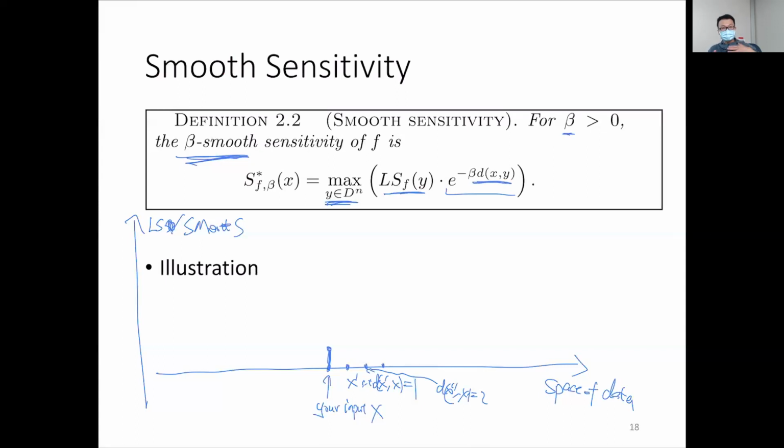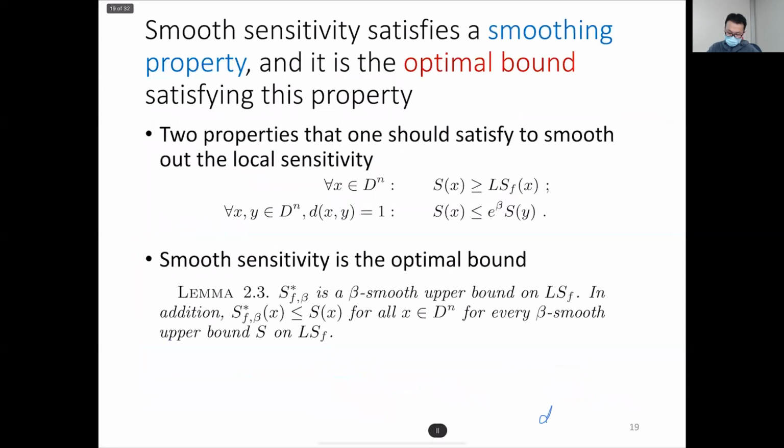In general, this is not a univariate thing that we can simply plot on a line like this, because there are multiple ways that you can get neighbors. So you should think about it as you move away from X, and this becomes the maximum of all the possible neighbors.